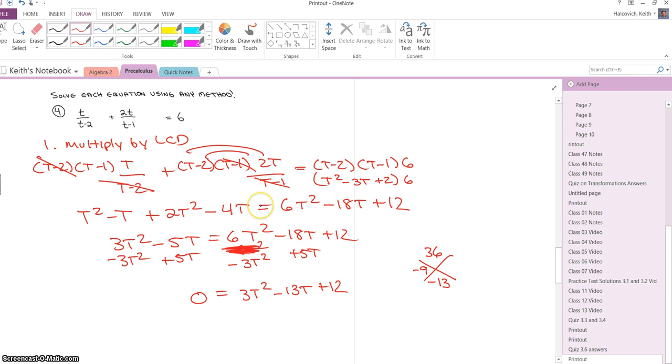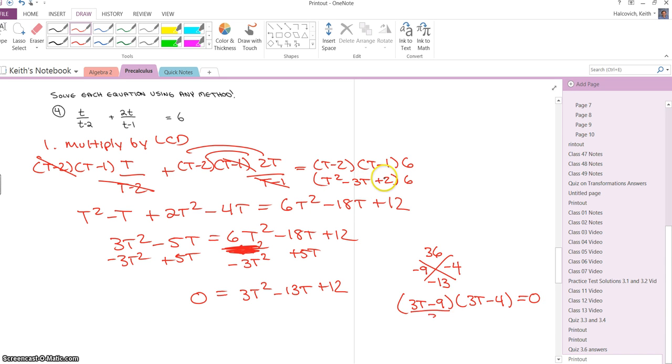Negative 9 and negative 4, sorry. So when you factor, you get 3t minus 9 and 3t minus 4 equals 0.